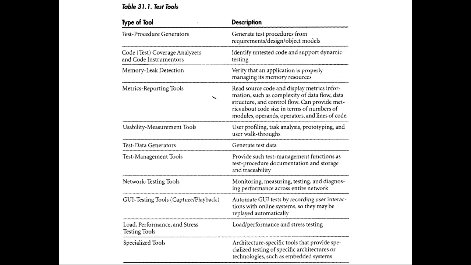Some of you are using this. Memory leak detection, usability measurement tools. How much people are using different features might sometimes be useful. There are things that run metrics on source code to report how many lines of code there are per method, or how much coupling there is between methods.